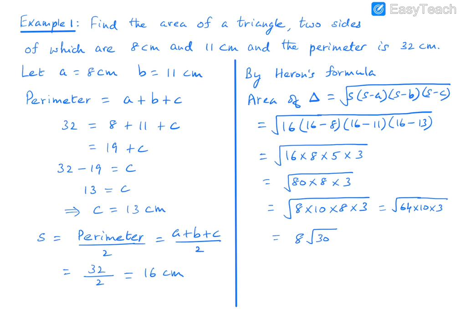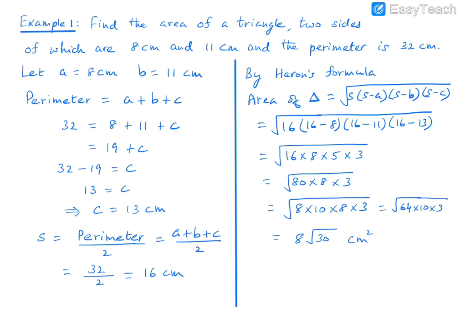So the area of the triangle, we can write it as 8 root 30, or if you want to go ahead and find out the value of root 30 and multiply it with 8, that will give you some number, but it is sufficient if we even leave it at this point. So it is 8 times root 30, and since the unit is centimeters for the length, the area will be centimeter square. So we have the area of the triangle as 8 times root 30 centimeter square.